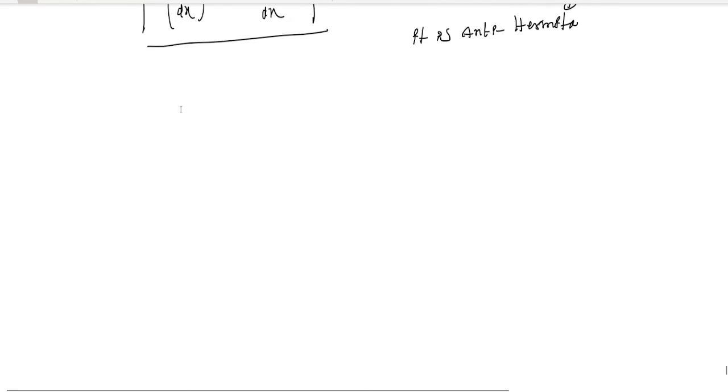Okay. Next is the next example. Since d by dx is anti-Hermitian, we can easily check this one: is i d by dx Hermitian or not?